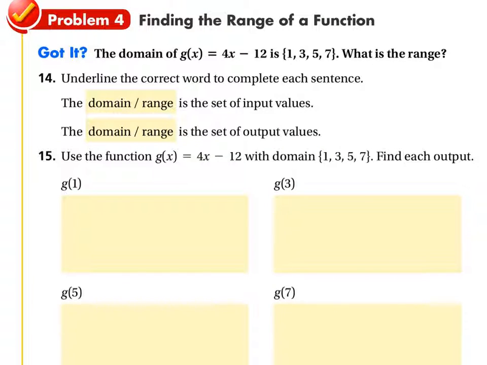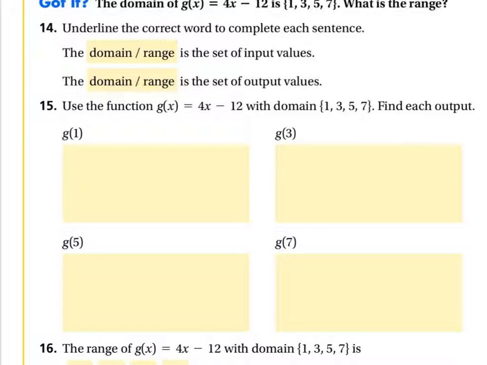In this example, we're going to use our domain to determine a range for the function rule of g of x equals 4x minus 12. So realize that the domain is a set of input values and the range is a set of output values. And we're going to use this function with this domain to find each output. So first I'm going to put the 1 in.